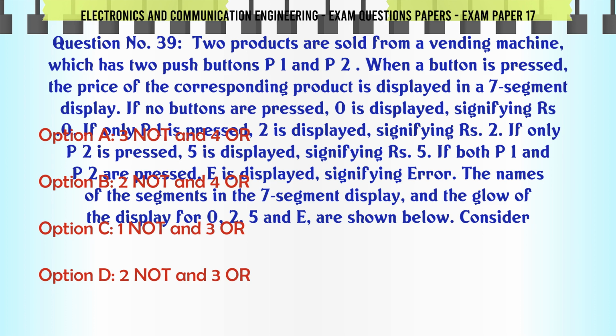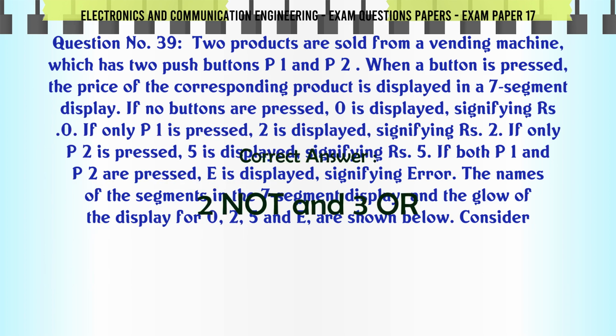If both P1 and P2 are pressed, E is displayed signifying error. The names of the segments in the 7-segment display and the glow of the display for 0 to 5 and E are shown below. Consider A. 3 and 4, B. 2 and 4, C. 1 and 3, D. 2 and 3. The correct answer is 2 and 3.